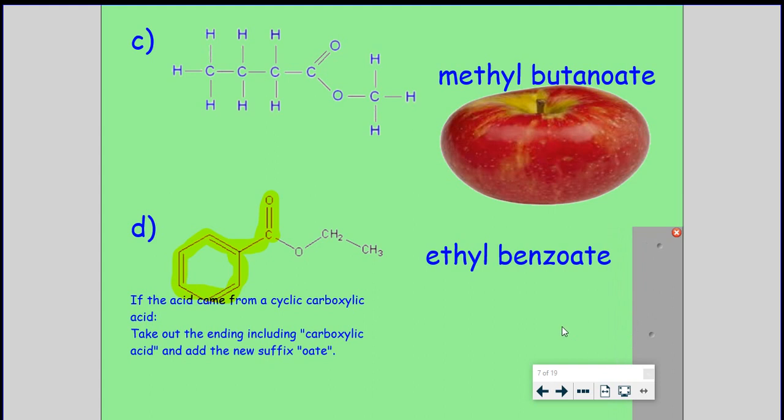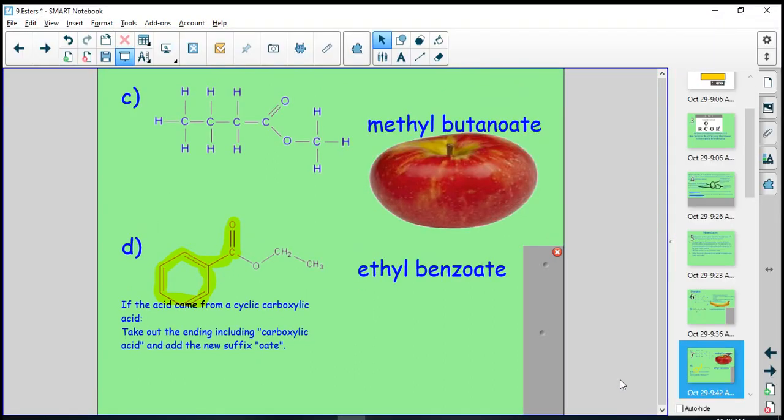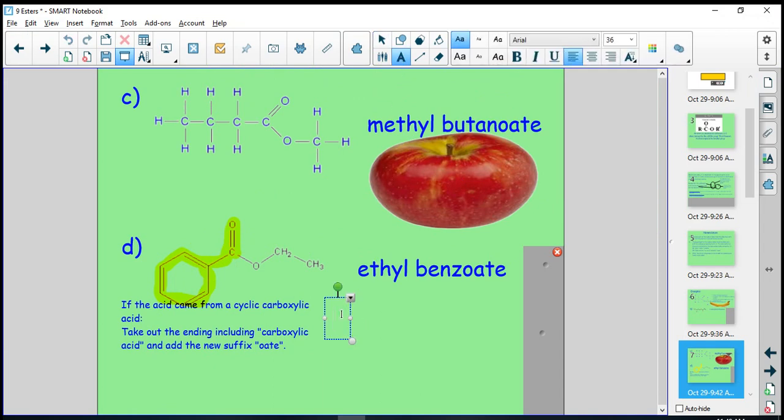Now this is perhaps a bit new. Let me help you out with this a little bit. If it were just a carboxylic acid, I'm going to backtrack a little bit.